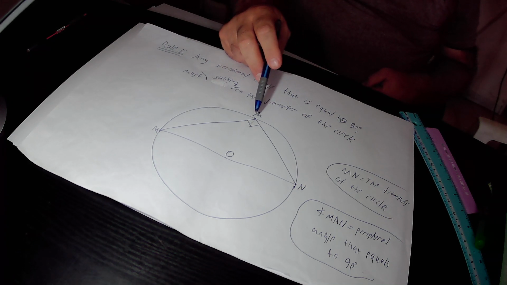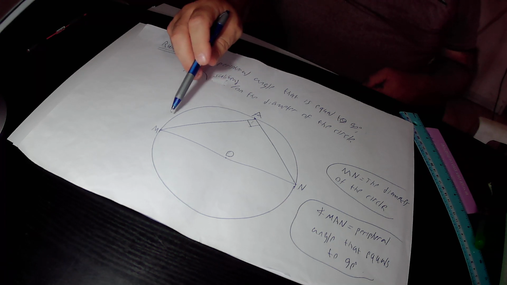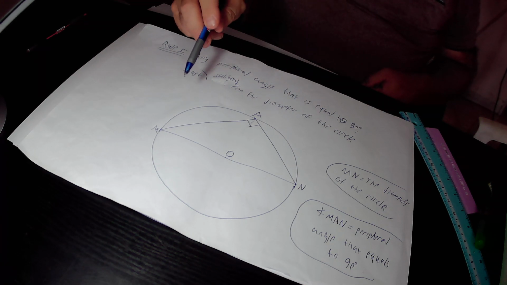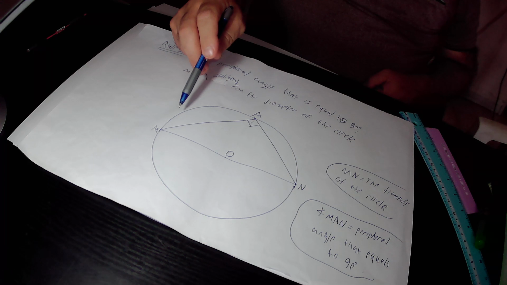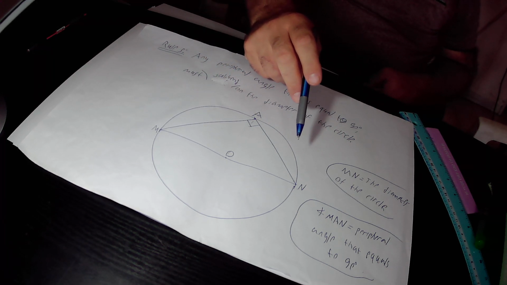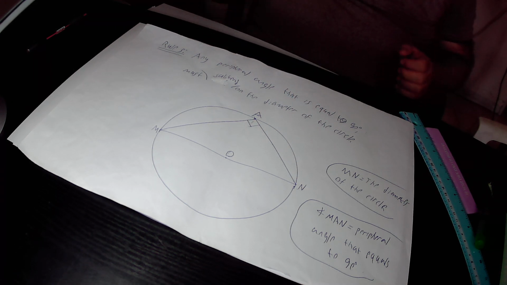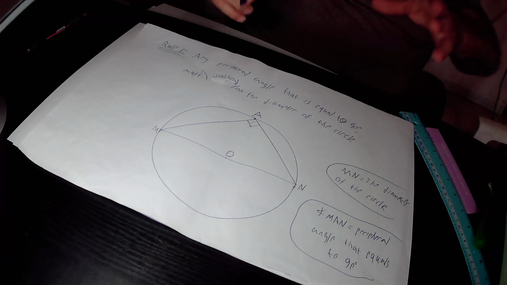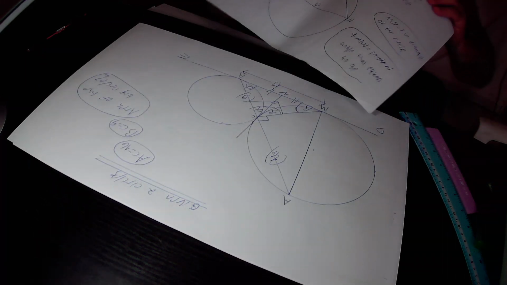And peripheral angle MAN is a right angle. Because peripheral angle MAN is a right angle, it must subtend on the diameter of the circle. Peripheral angle MAN subtends on MN, and therefore MN must be the diameter of the circle according to rule 5. So any peripheral angle that is equal to 90 degrees in its size must rest on the diameter of the circle. We can definitely implement rule 5 in our drawing.